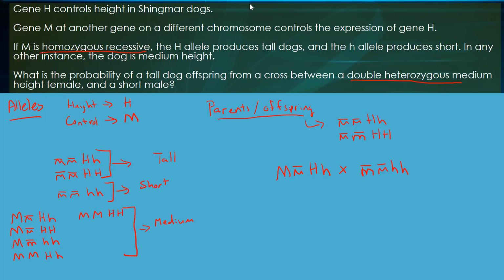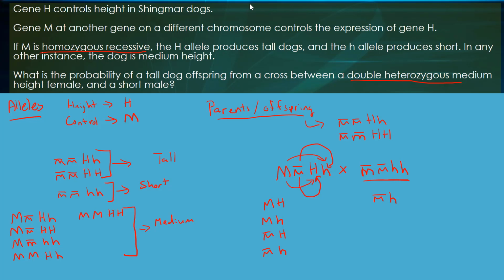All right, we're going to probably need a couple pages here on our Punnett square, but let's create our gametes. This is going to create 4 unique gametes. We'll do the first 2 here, and the last 2. Little m, big H, little m, little h. So those 4 gametes, well, how many possible gametes does this parent produce? Only one.